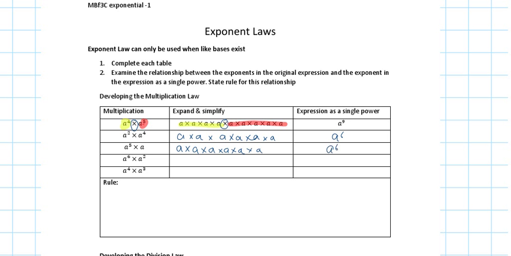And then a to the power of 6 times a to the power of 2: that's 6 a's, and then times a times a. So altogether I have 8 a's multiplied together.